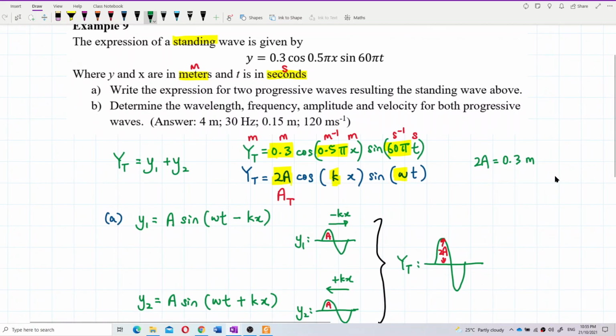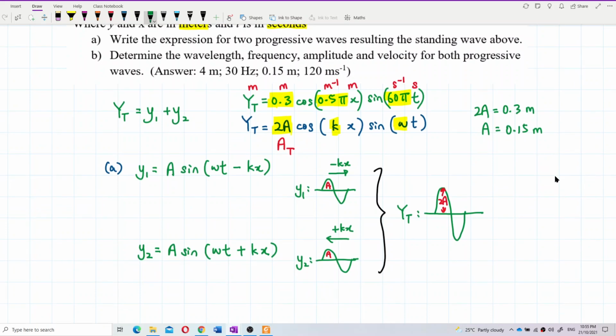So what is the value of 1a? Value of 1a is 0.3 meter divided by 2, 0.15. So this y1 is 0.15 meter. Then sine.